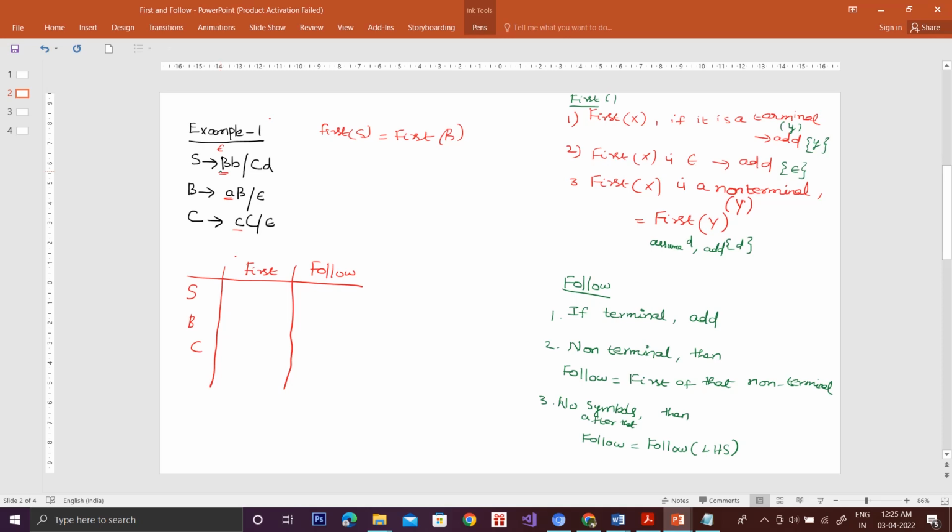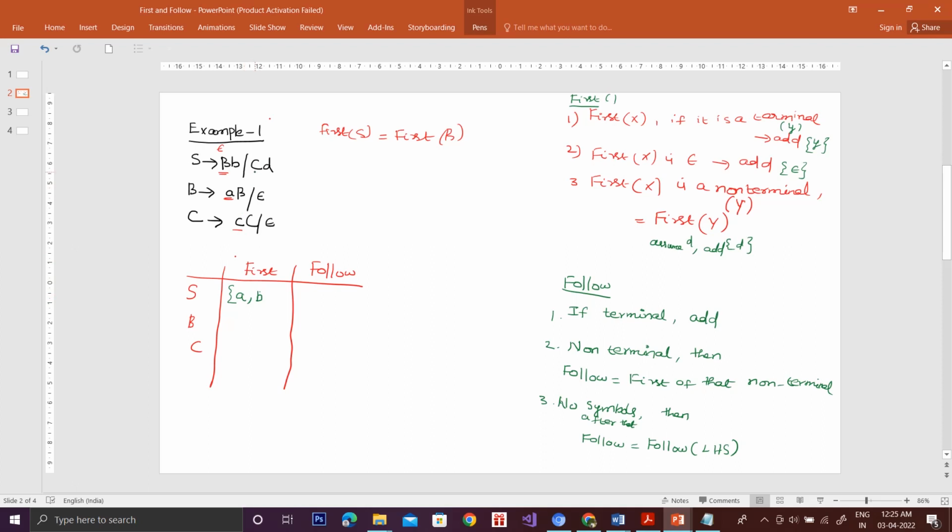Since this is a non-terminal, now we have to find the first of that capital B. First of B is small a, so I am adding a. And also first of B is epsilon. When I apply epsilon, then first of S is small b.